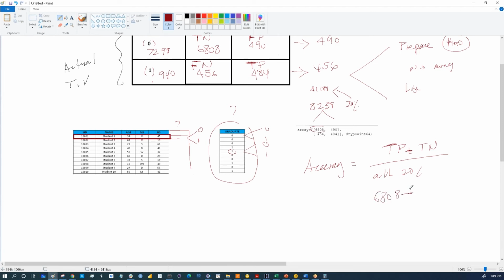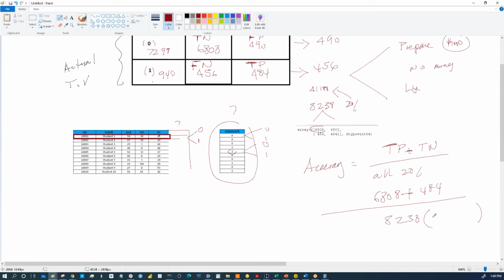6,808 plus 484, divided by what? Total number 8,238. Which 238 is what? All positive, negative.